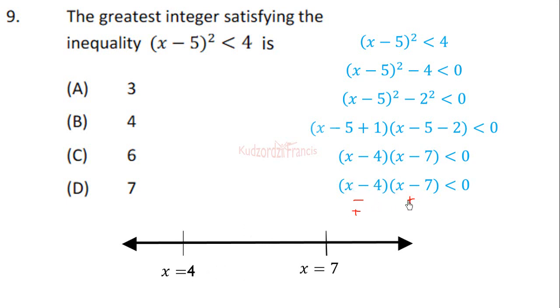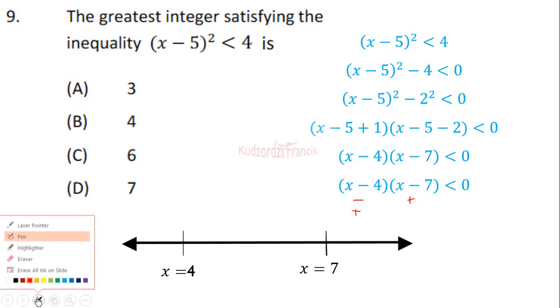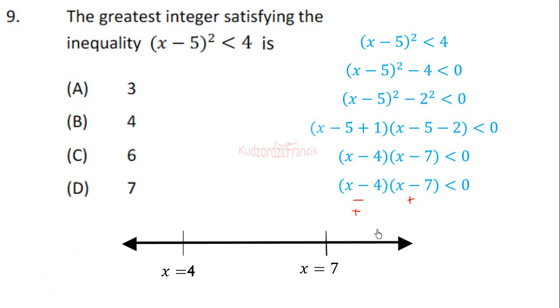So negative, negative will give you positive. Positive is never less than 0. So this region is out. Then we test for this region too, and we realize that it's also out.